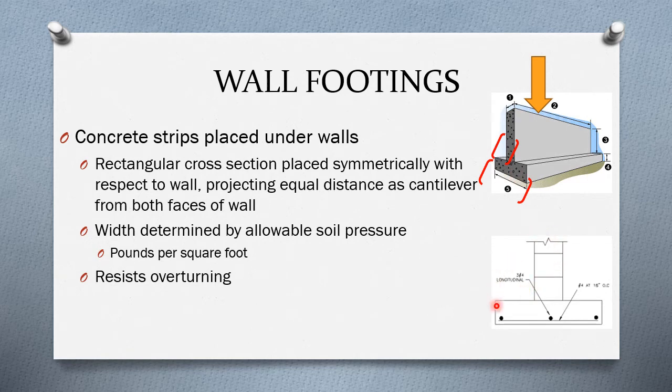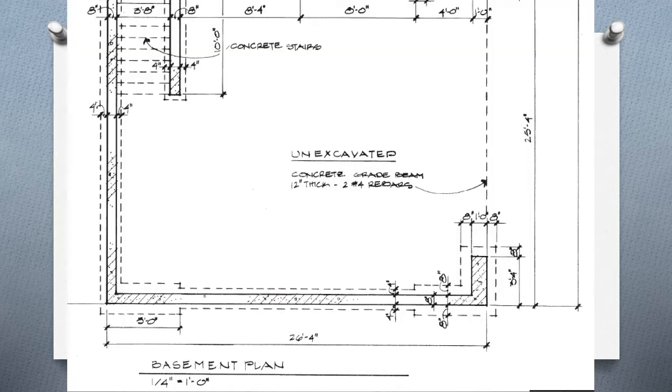When I have a wall sitting on a footer holding back soil in this area, there's a natural tendency for the wall to overturn. However, the presence of the footer with the weight of the soil on this end and the pressure from the native soil below will resist that overturning.